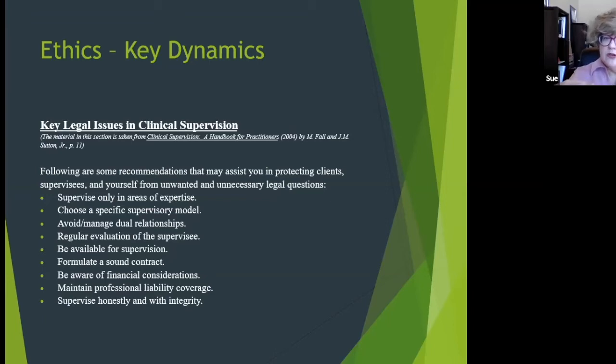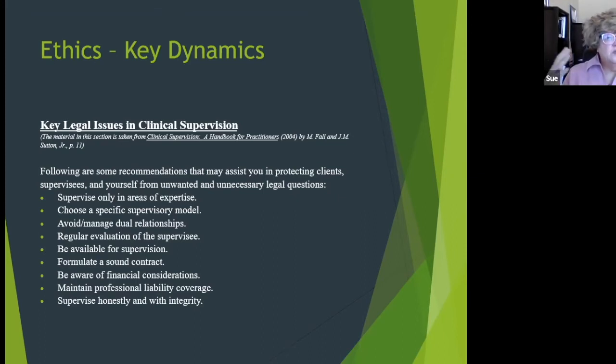I heard a story where someone actually had two different hats in their office. One said something like boss, and the other said supervisor. It was a jokey way to make it clear that right now, in this moment, I am your supervisor, and here's the safe place for you to talk, but now I'm your boss and we need to talk about some different things.